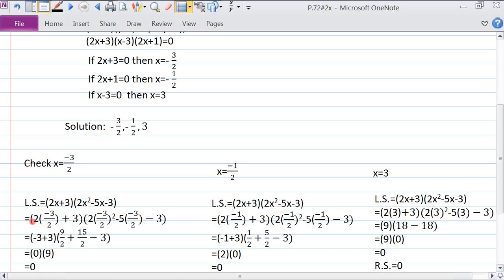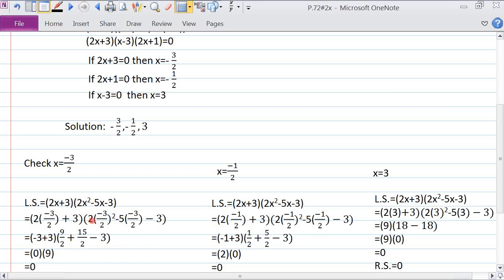And the 2's here cancel, so I have minus 3 plus 3 right here. And this is 2x squared, so there's the 2 there. There's the x squared when x is minus 3 halves, minus 5x, 5 times minus 3 halves, minus 3.